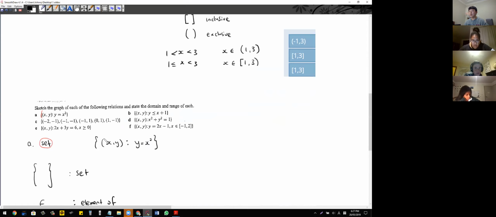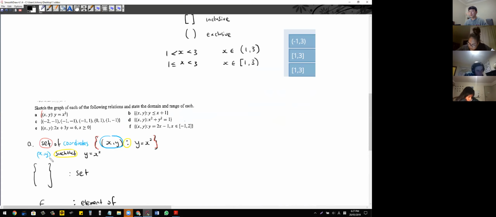So this is read this way: a set of coordinates xy, such that, that's this bit here, such that y equals x squared.